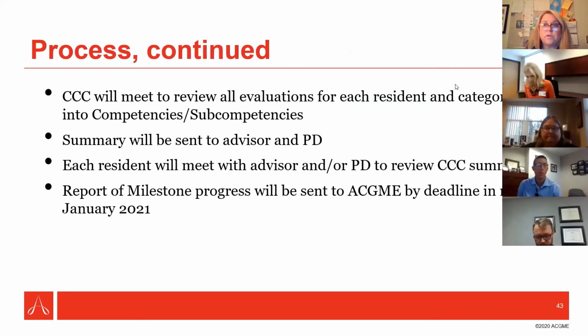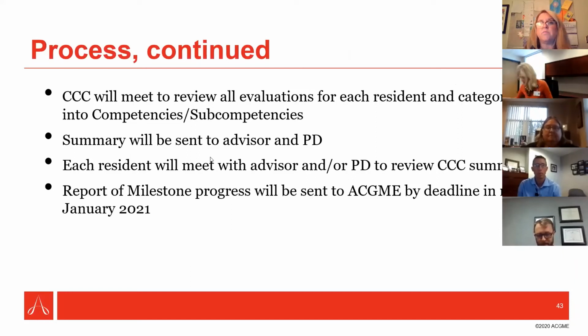So what the process for this fall semester will entail, the CCC will meet and we'll review all the evaluations, and then we'll categorize them into your competencies and sub-competencies. And like Dr. Wilson said, the comments help us so much, because then we can sort of insert the comments in each competency and where that comment belongs, if you will.